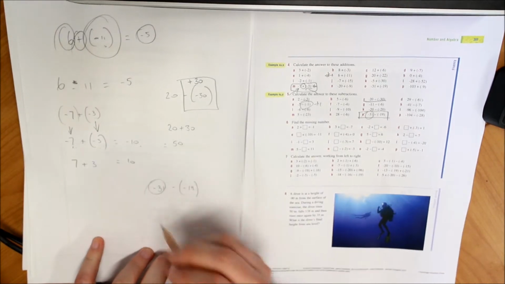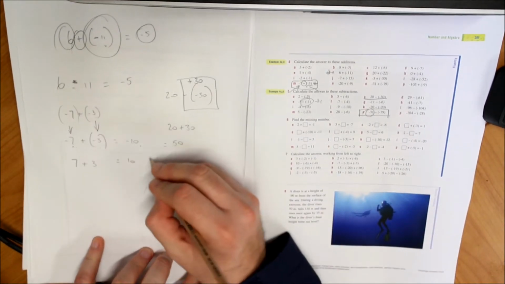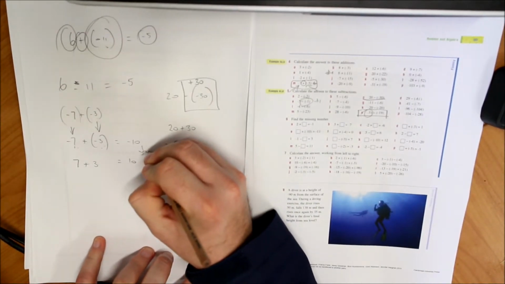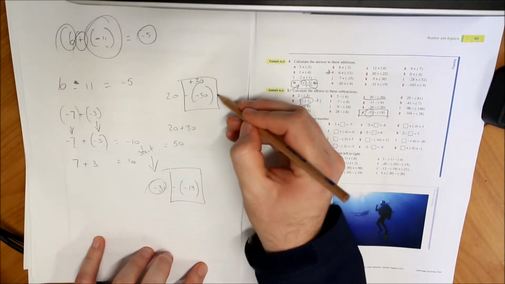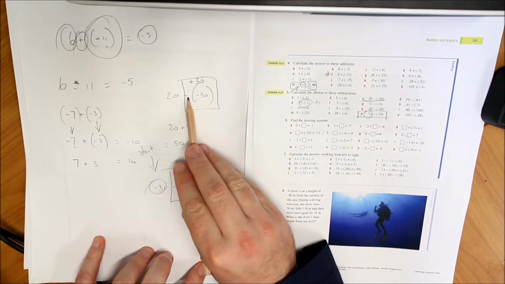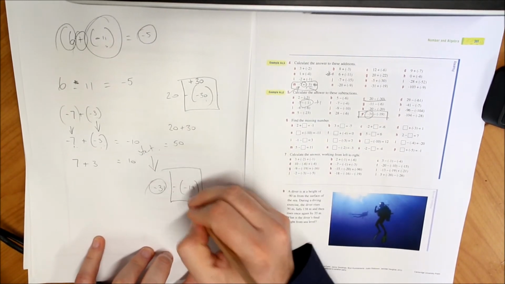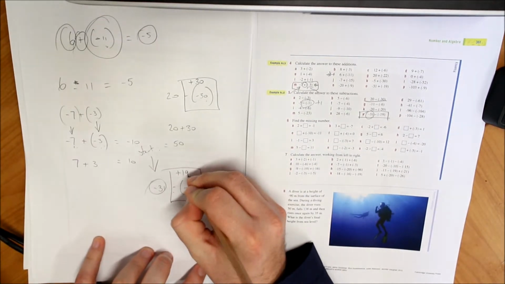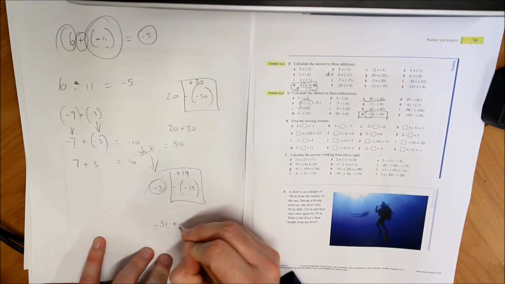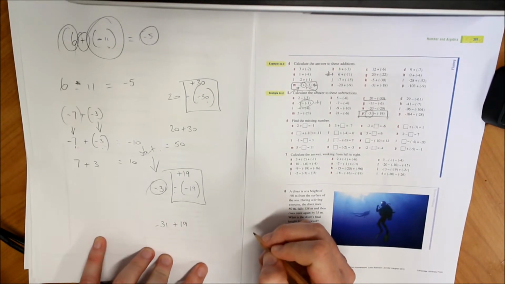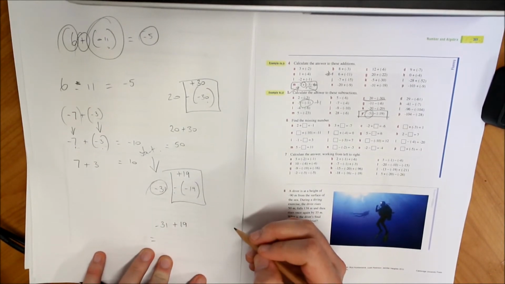It has no effect on what we're doing here, because that is merely just a starting point. That's where we start from. So, once again, just like this one, I've got a negative operation and a negative number, so we're going to change this into a positive. So -31 plus 19, all right, makes it a little bit easier.